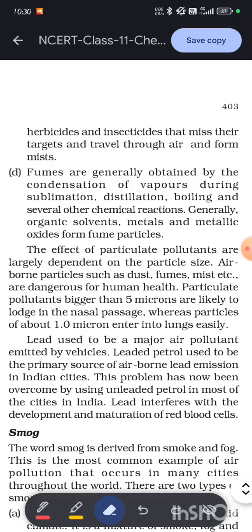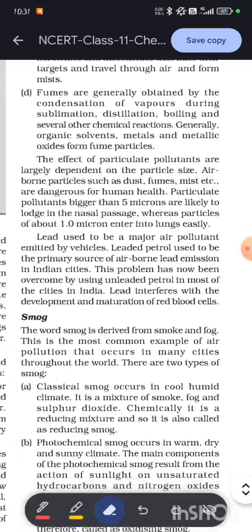Lead used to be a major air pollutant emitted by vehicles. Leaded petrol used to be the primary source of airborne lead emissions in Indian cities. This problem has now been overcome by using unleaded petrol in most of the cities in India. Lead interferes with the development and maturation of red blood cells. Smoke. Next topic is smoke.